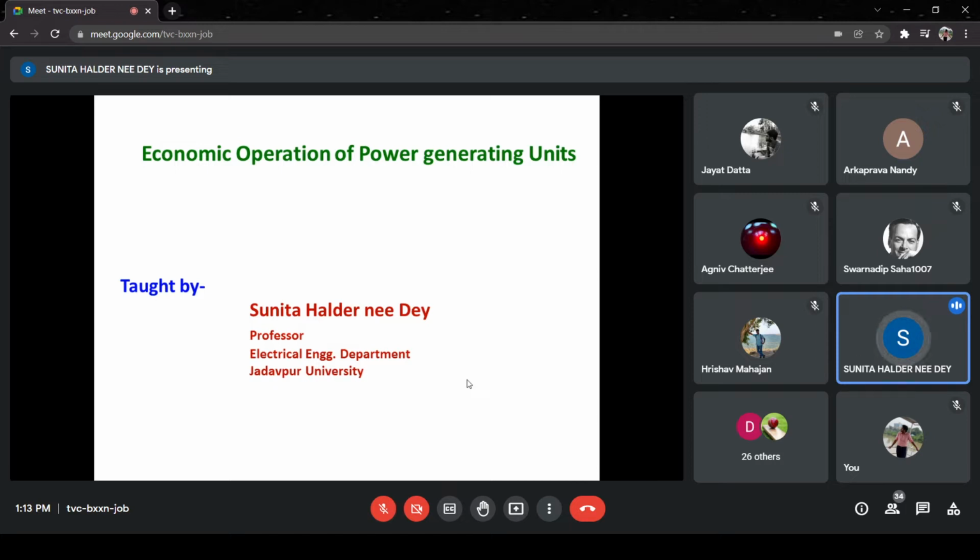So in this part of your syllabus I shall discuss the economic operation of the thermal power plant only. But obviously this concept can be extended to the hydroelectric power plant, nuclear power plant, even non-conventional power plants. Because for non-conventional power plants also, it is not that there are no cost issues, installations are there.